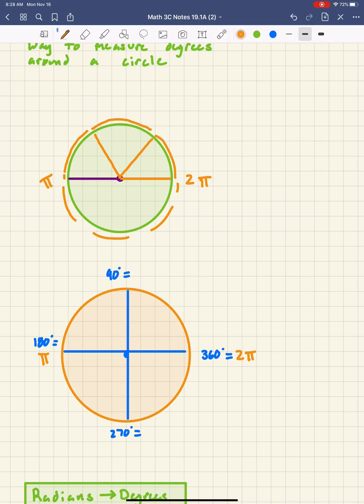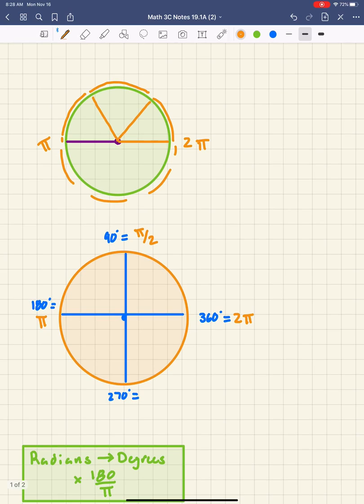That means halfway up the circle here is going to be pi divided by 2. Then if we go to 270 degrees, we get 3 pi over 2. And then 4 pi over 2, which is the same thing as 2 pi.